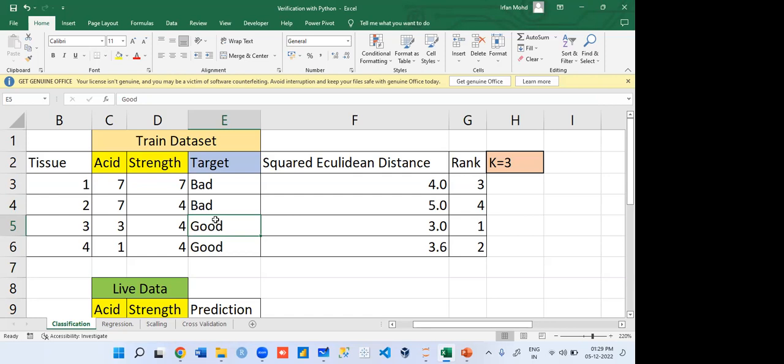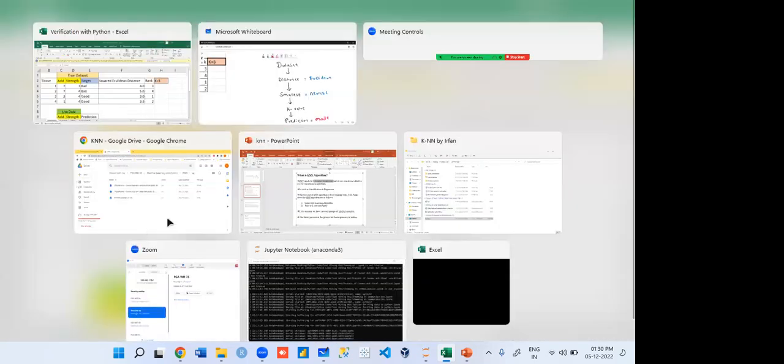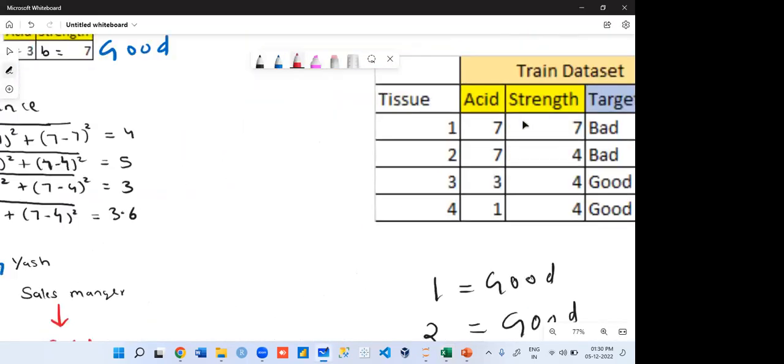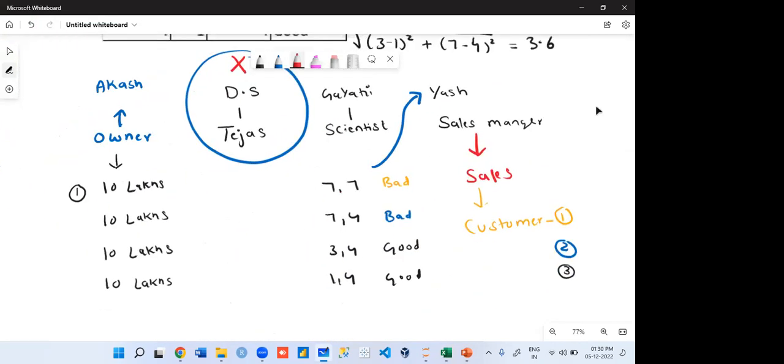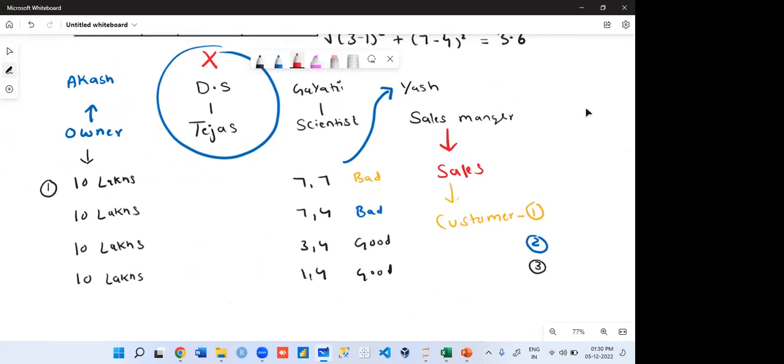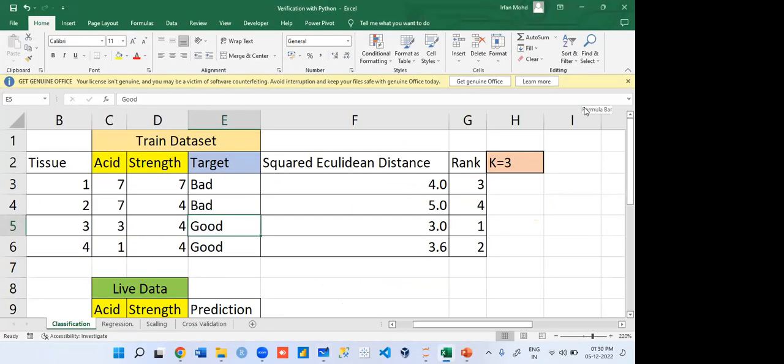Should I repeat that again? यहाँ पे नुकसान आया? We have taken 3. Prediction is our answer.